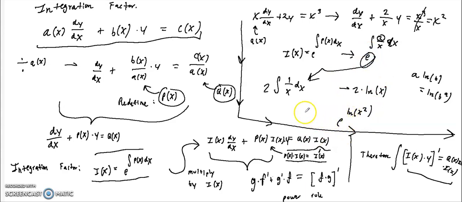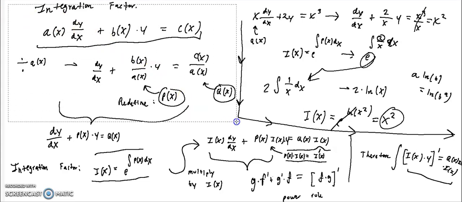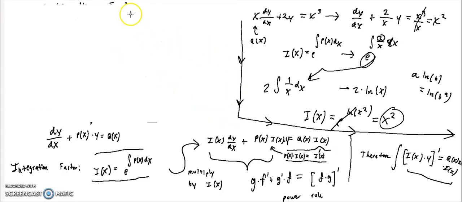We still have this e right there. And well, the e and the ln cancel out, so we just get x squared as our integration factor. And now I'll make some room over here so we can finish up this problem. So I of x equals x squared.